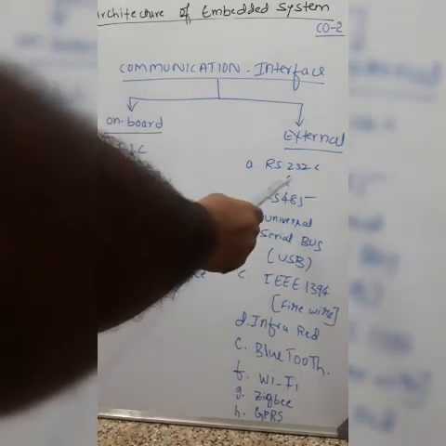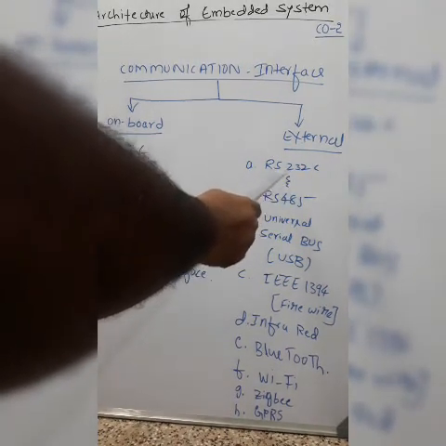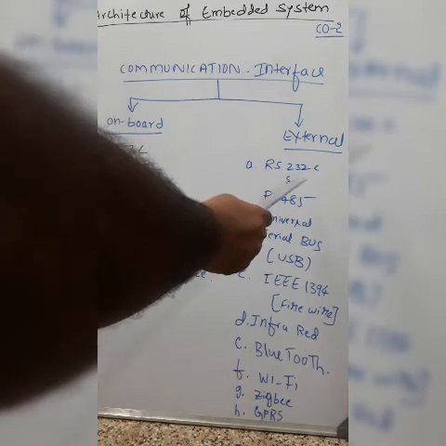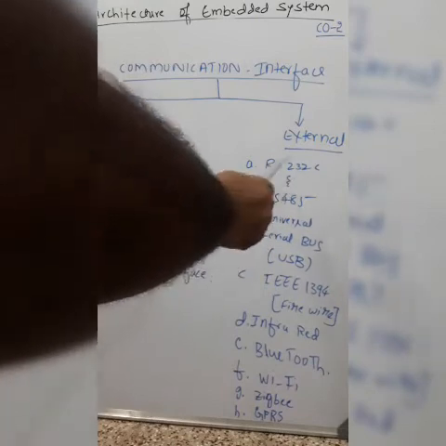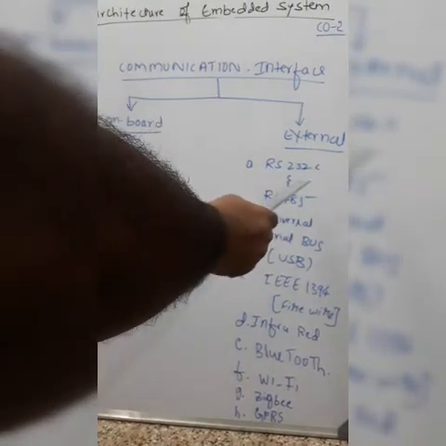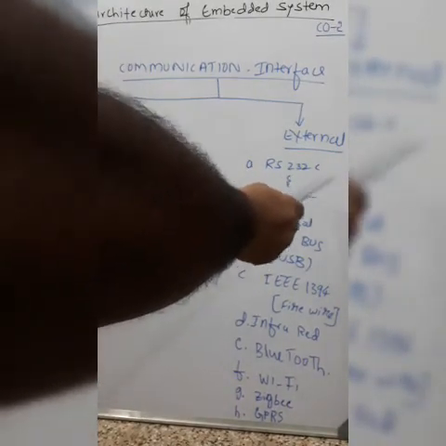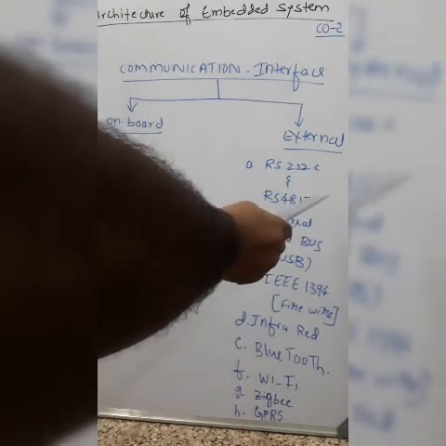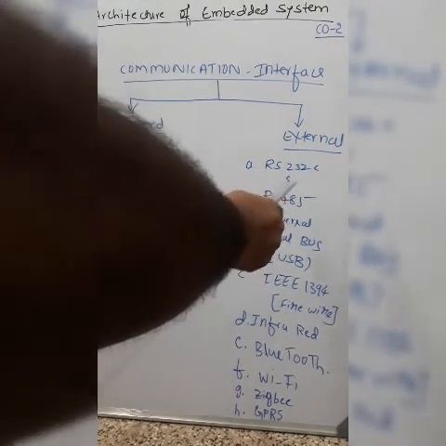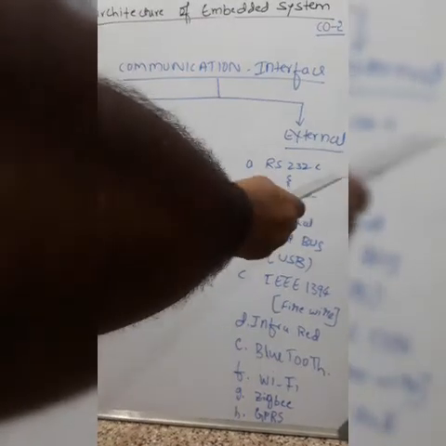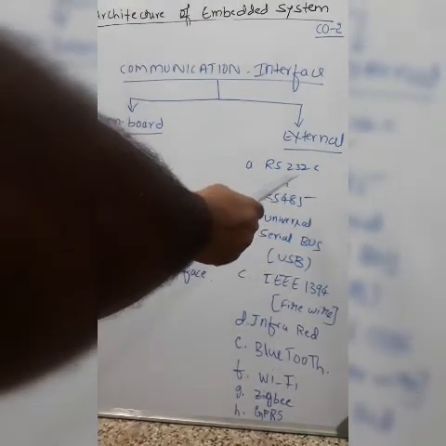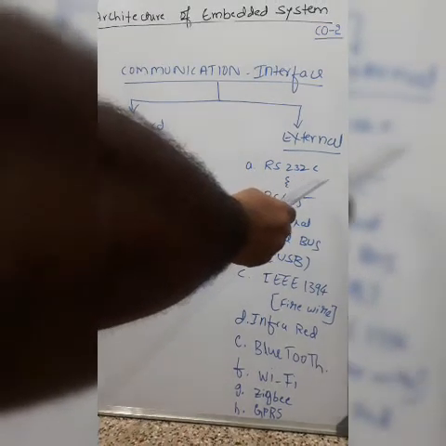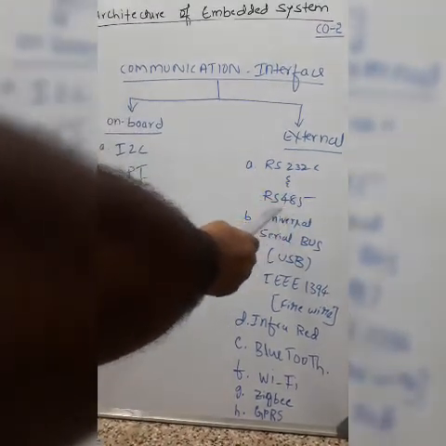That means many pins will be there in the connectors utilized in the RS-232C. It does point-to-point communication. The two devices connected are called data terminal equipment, that is DTE, and data communication equipment, that is DCE. So DTE and DCE are the two devices connected through RS-232C.